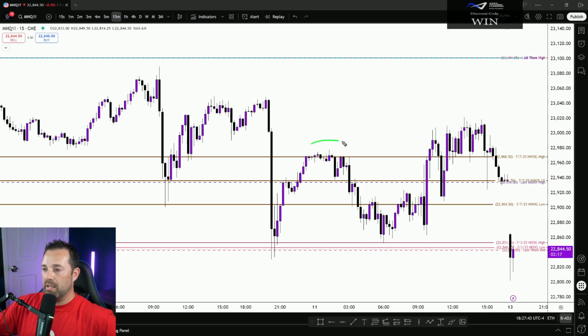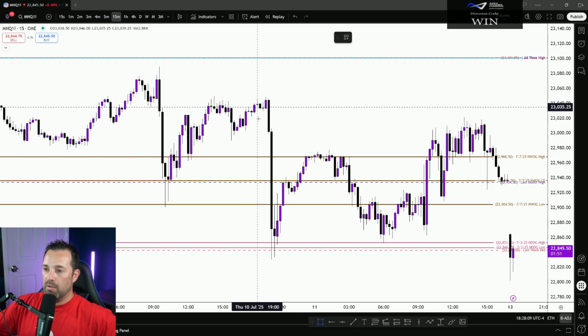So if I saw this and said, that's a buy side liquidity right there, and then price sprints there like it did here and takes this out and goes higher than that, that's a draw on liquidity. It drew to that liquidity. That's literally all that is.